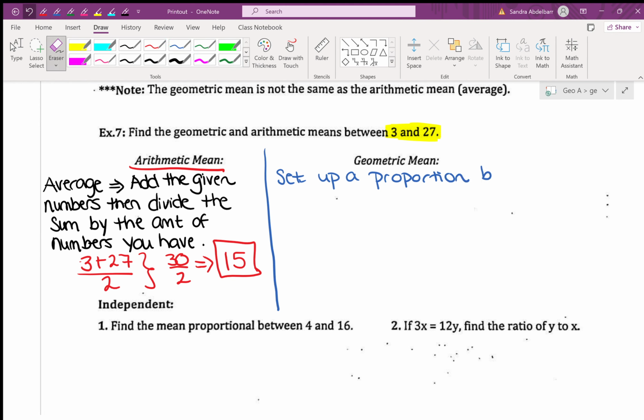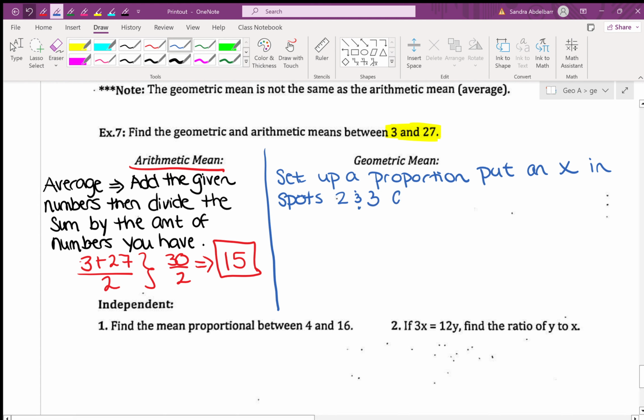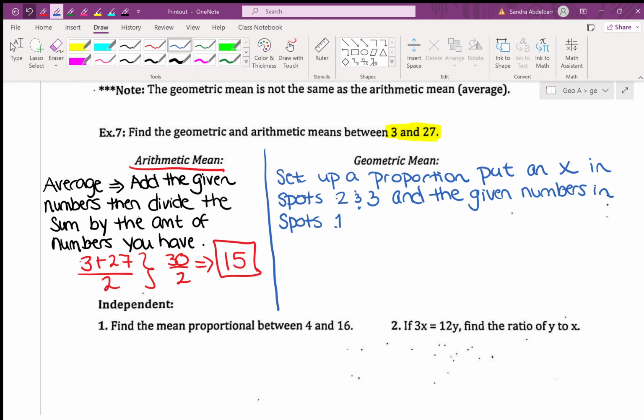Put an x in spots 2 and 3, and the given numbers in spots 1 and 4. Then cross multiply to solve.